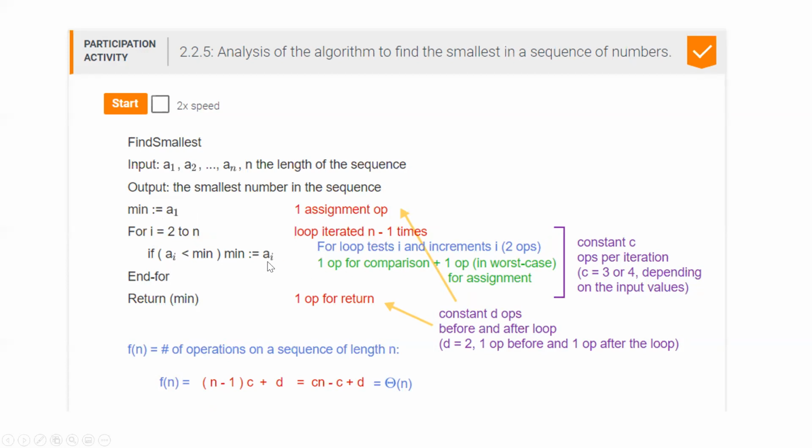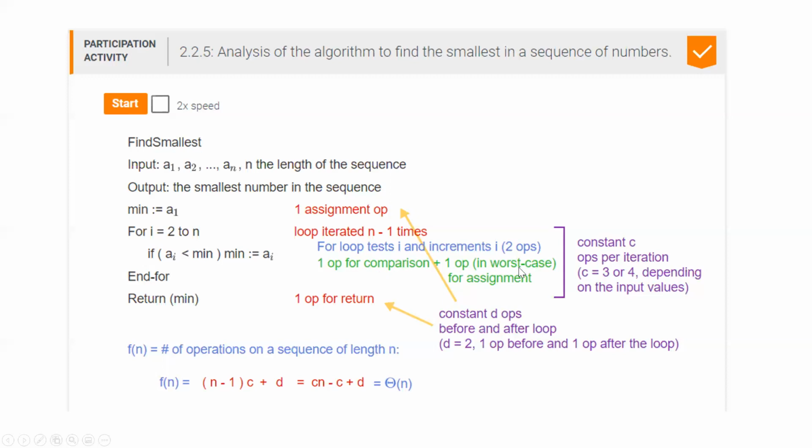Now inside the loop, for this here, it's going to test i and then increment i. Now here, this might be worth 1 or it might be worth 2 because it's an if statement. If this is true, then it's going to make the assignment. Otherwise, it's not. So sometimes it's 1, sometimes it's 2.